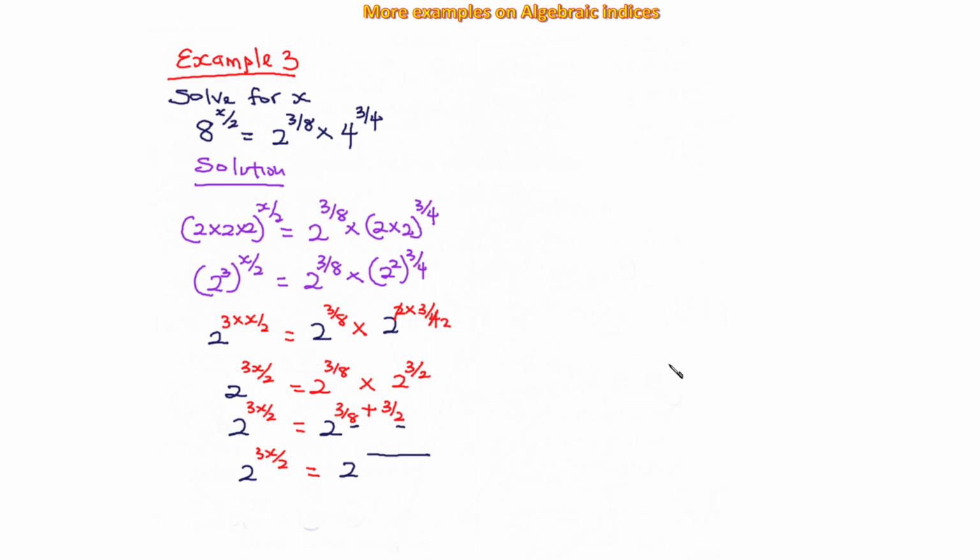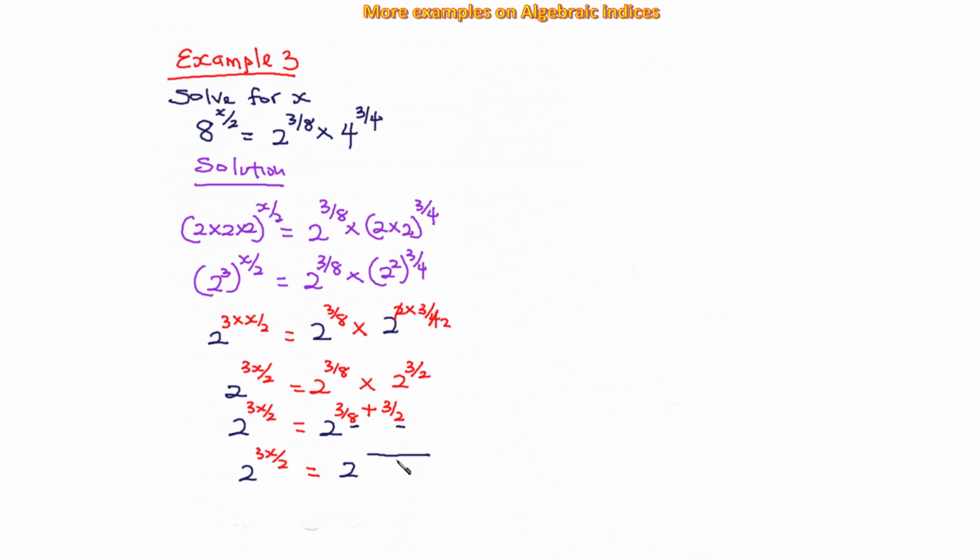If you cannot find the LCM, this is how to look for the LCM. Divide by 2 until you get 1s, then you multiply this side. That's 2 times 2 times 2. The answer is 8. That's just the LCM, side solution.